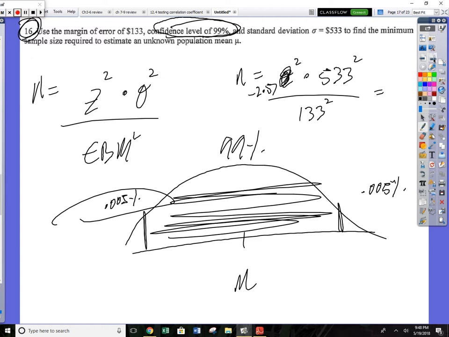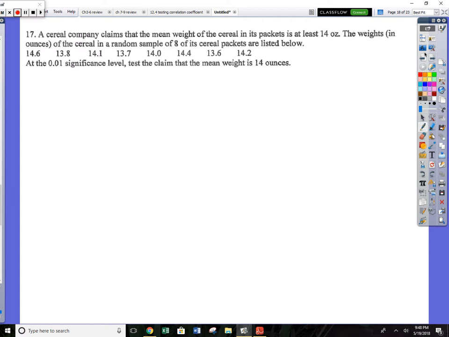Okay, here we go. 17. A cereal company claims that the mean weight of the cereal in its packets is at least 14%. The weights of the cereal in a random sample of 8 of its packets are listed below. At the 1% significance, we're going to test the claim.